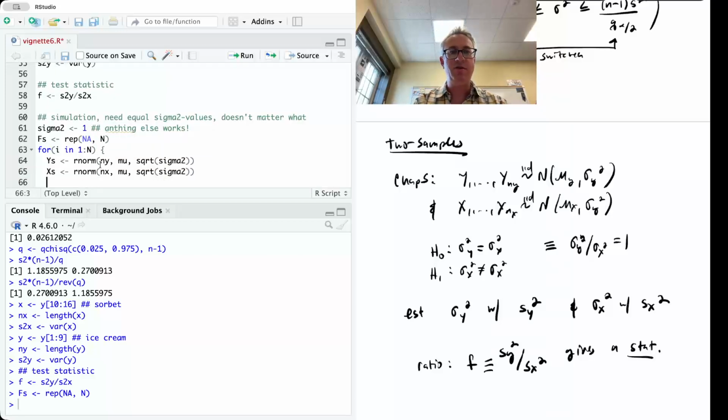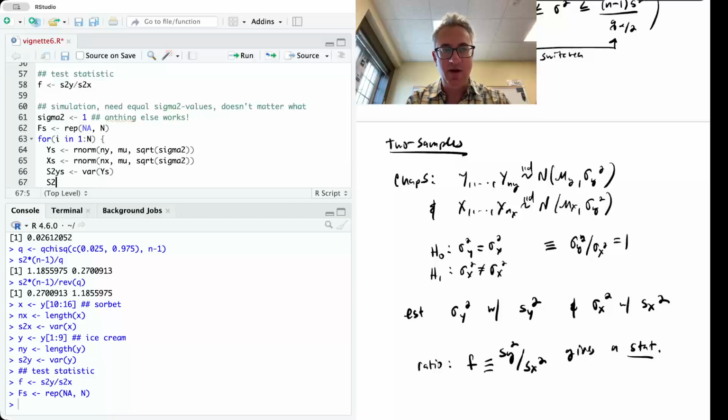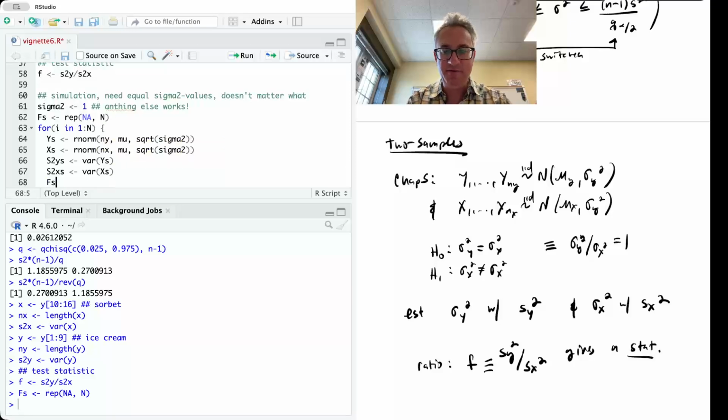Okay, notice really the only thing that matters here is ny and nx, since everything else is the same each time you do it, no matter what values of mu and sigma squared you choose. Given those virtual draws, I get an estimate of S2ys, so that's a var of ys, and I get an S2x, which is the variance of the xs, and then my f's are their ratio.